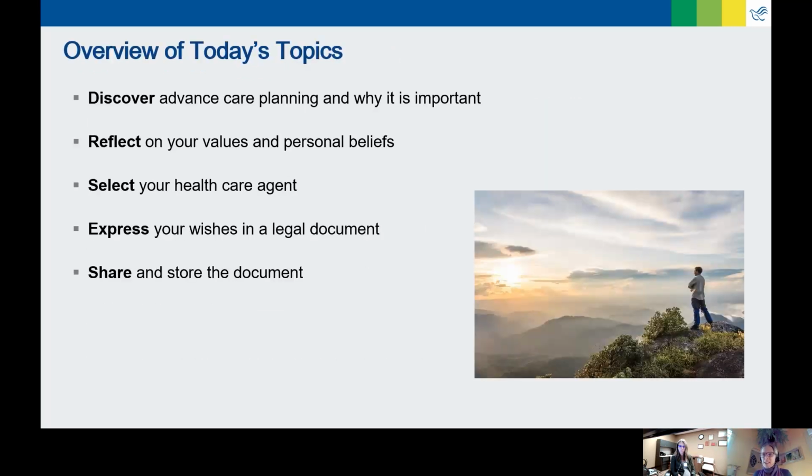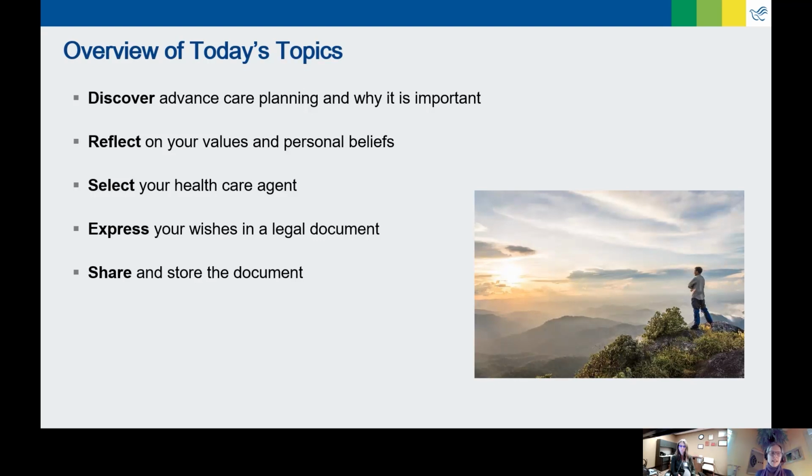Some of the things that we're going to be talking about today is to discover what is advanced care planning and why is it important. You'll hear us talk a lot about the importance of reflecting on your values and personal beliefs and how important it is to communicate these pieces in your medical directives and with those who are invested in your care.